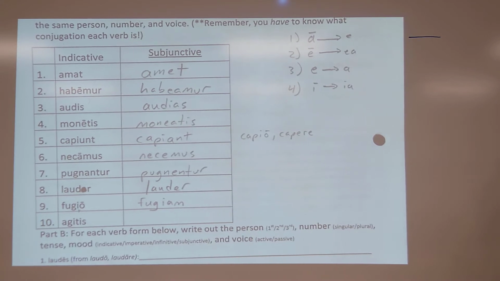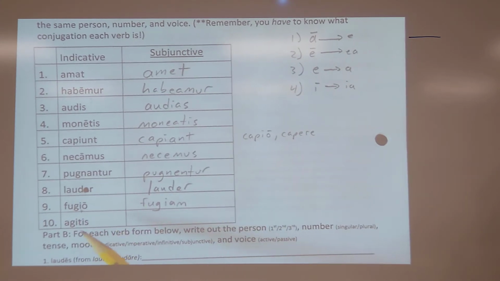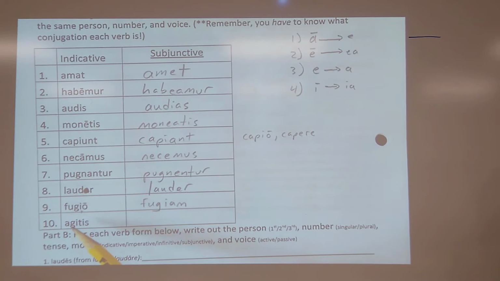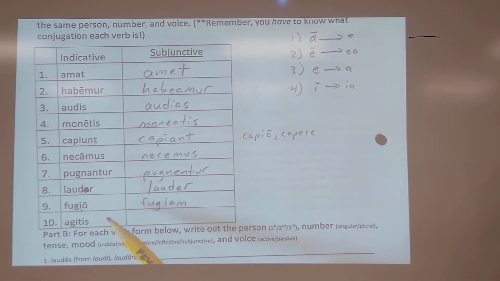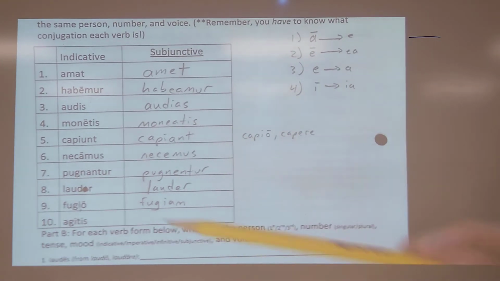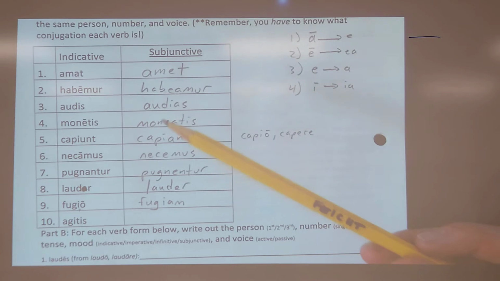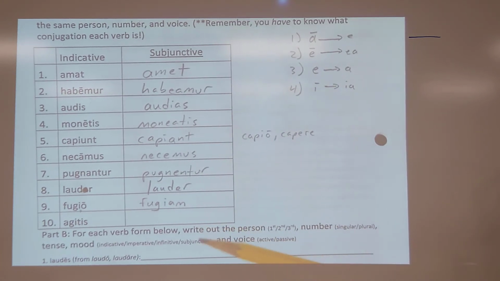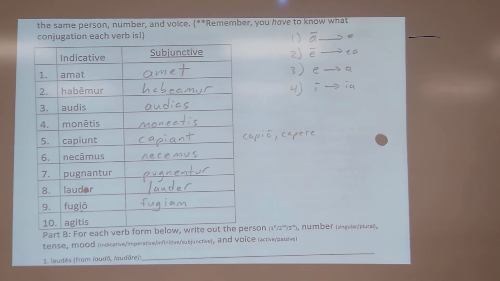All right, and then finally, I saved a tricky one for last, number 10, we have agitur. I've said a few times now that, well, if you have an I, it just turns into an IA. Well, unfortunately, that works for third IO verbs, but for a regular third conjugation verb, it doesn't.